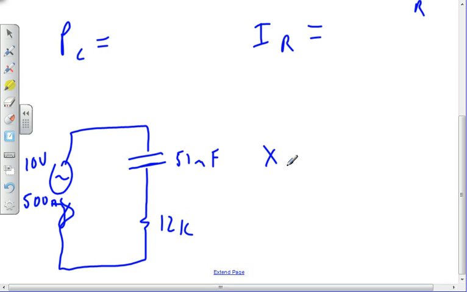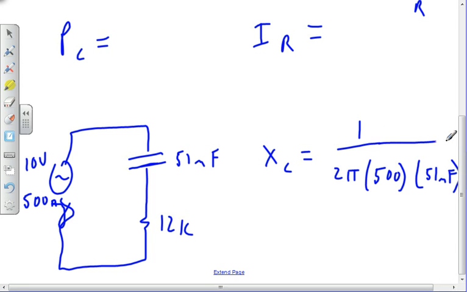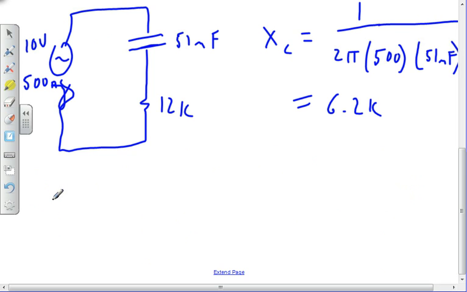So the first thing I need is X sub C. X sub C is 1 over 2 pi times 500 times 51 nanofarads. 2 times pi times 500 times 51 E minus 9, equals, 1 over that, equals 6.2K. All right, so the next thing we want to know is impedance.